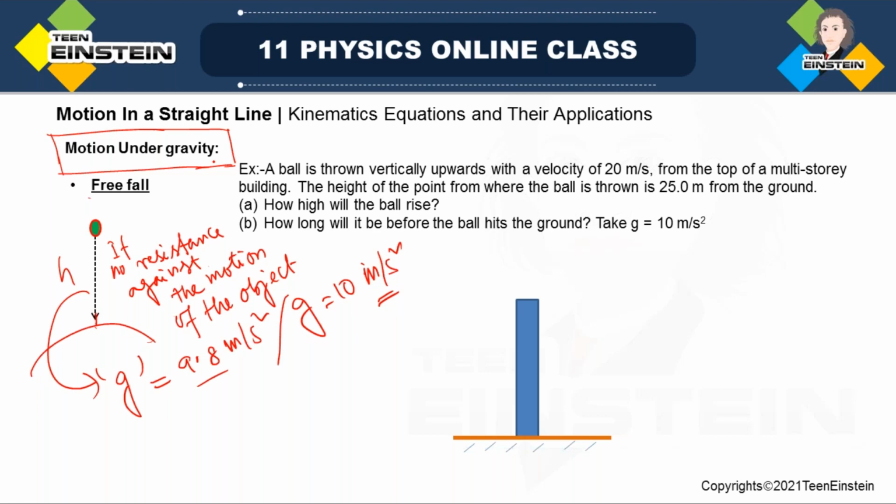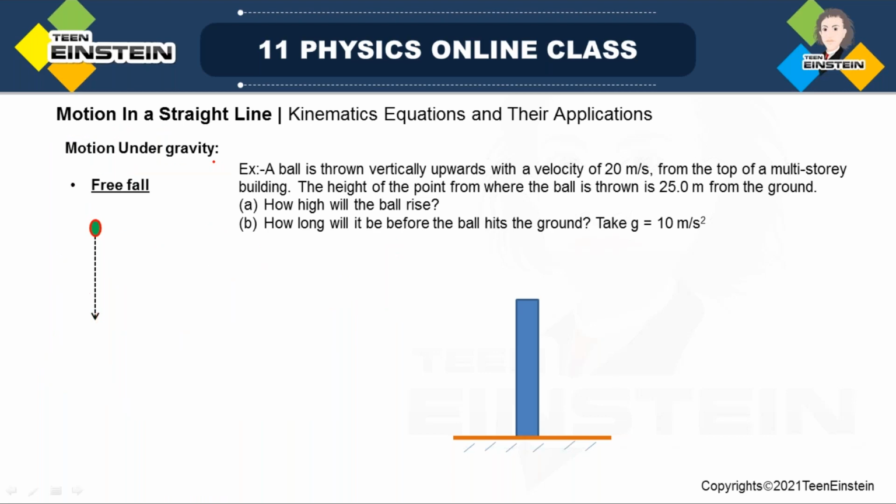Okay, so I'll just take up this example. This is from your book itself. A ball is thrown vertically upwards with a velocity v.